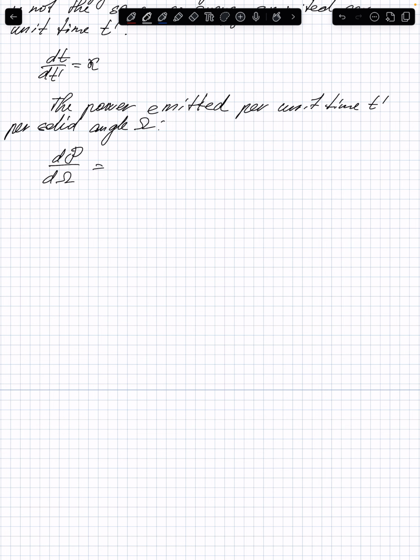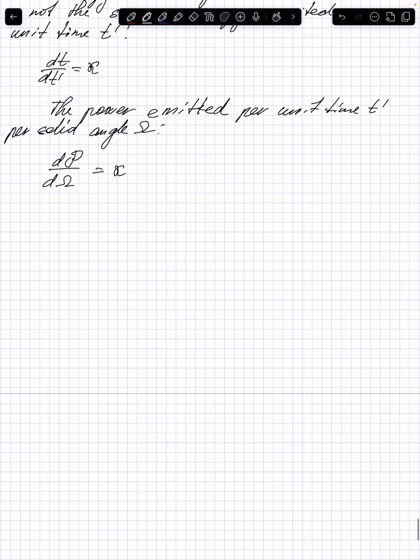Then we will have the factor kappa again, so that comes from this prefactor.